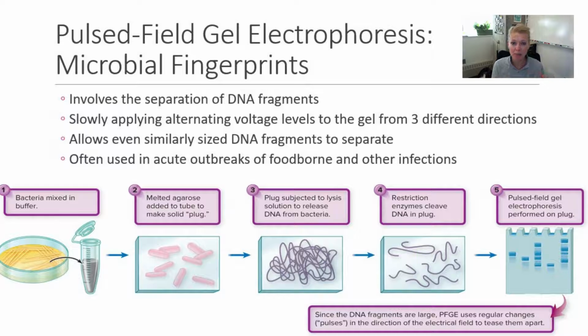And so instead of having bands of certain sizes, we have movement of different pieces all over the gel. But what's really awesome is that bacteria that are clones of each other are all going to move in that same path. And so you end up with a DNA fingerprint.